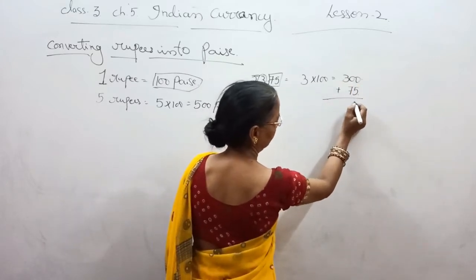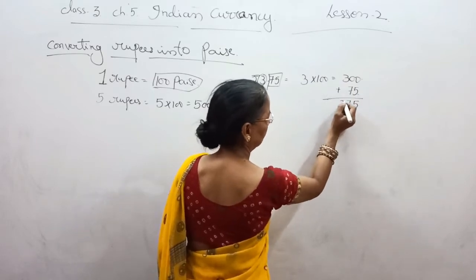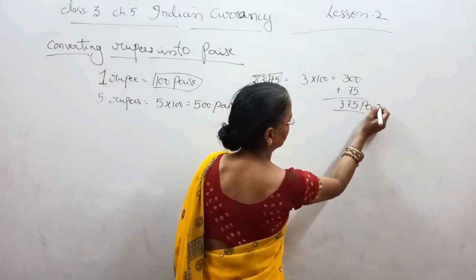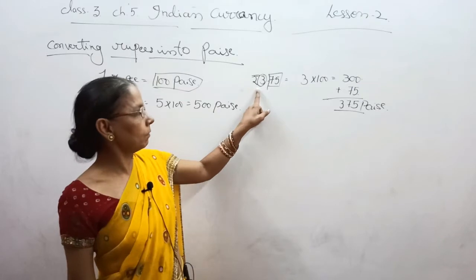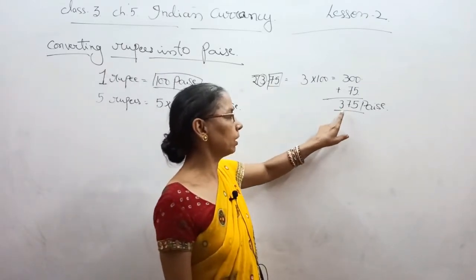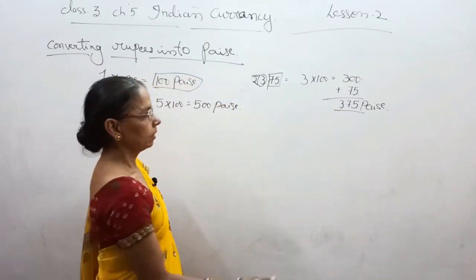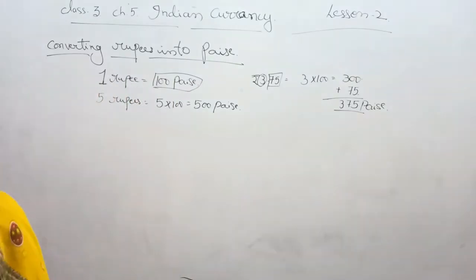So the total is 375 paise. When we convert 3 rupees 75 paise into paise, we get 375 paise. Like this we have to convert the rupees into paise.